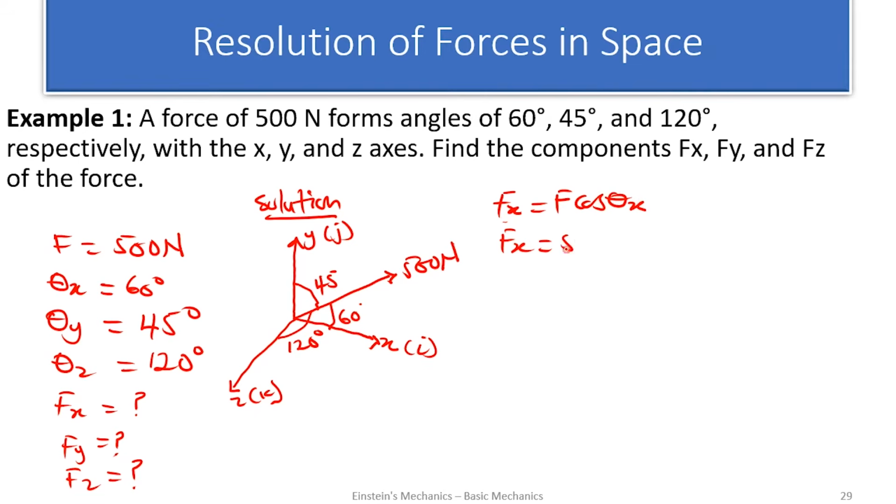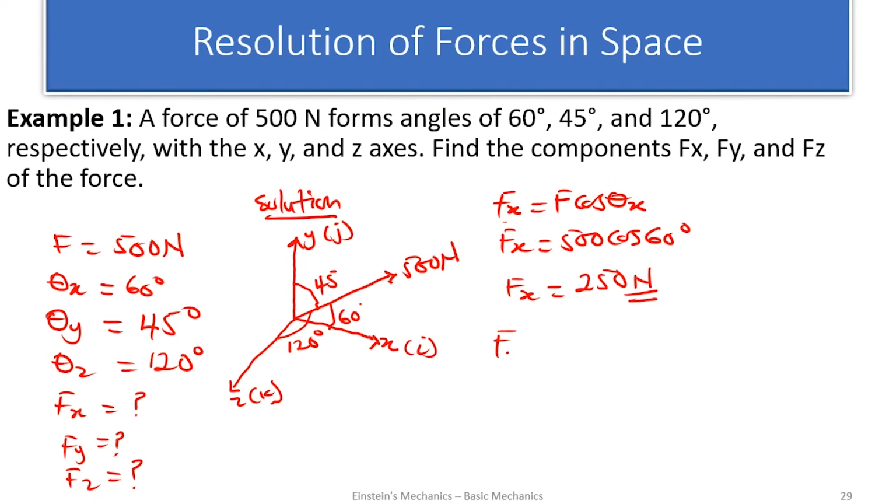The magnitude is 500 cos, what is the angle it makes with the x? 60 degrees, cos 60 degrees. So my f of x will now give me 250 newtons. Simple.